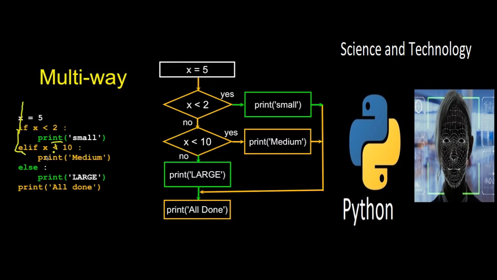This is true. It runs this code, and then it's done, skips to the end. It goes false, true, run, end. And then if x is like 20, for example, it goes false, false, run the else clause, and you're done. So skip, skip, else, run that code, and you're done.